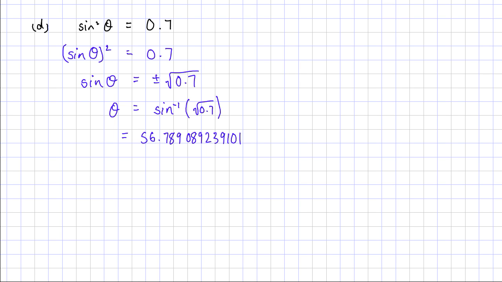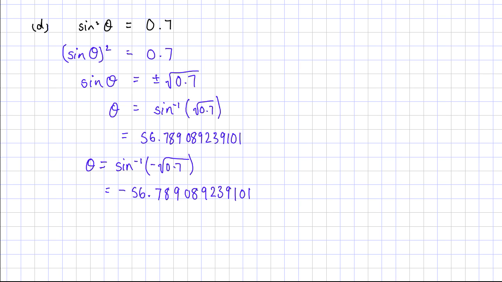Now I know that also theta is equal to the inverse sine of negative square root of 0.7. Let's see what that value is. This time in the calculator I got minus 56.789089239101, and because of the symmetry I should get the negative of this value.